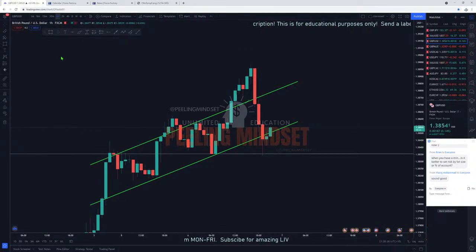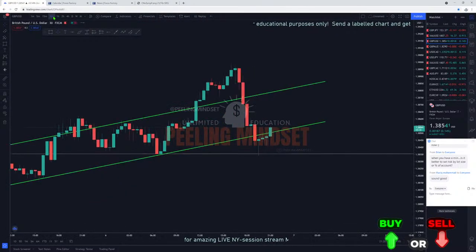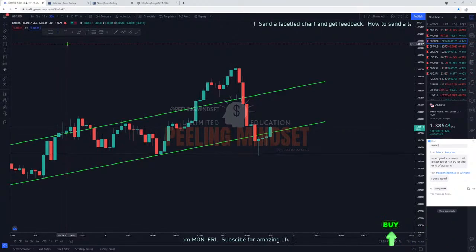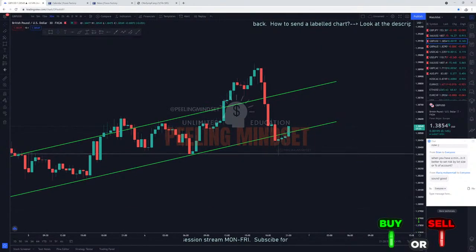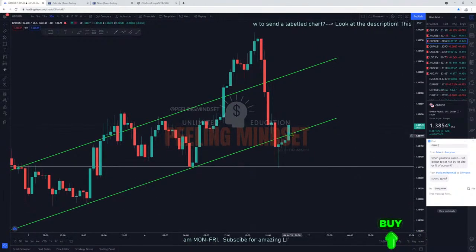We are 40 minutes away from the market open. And pound USD is heading back to the channel for the price to push down.